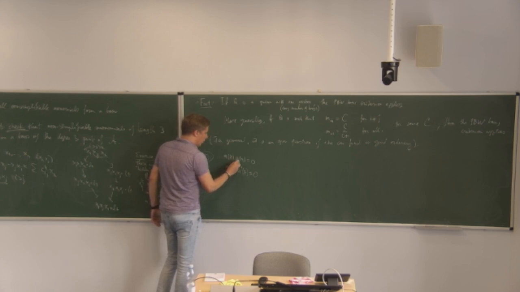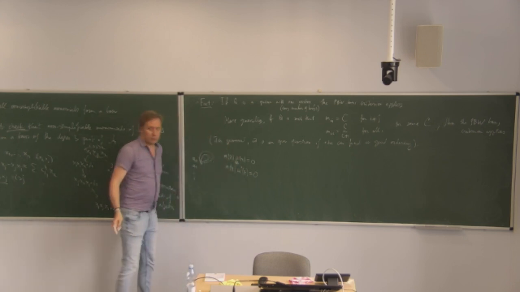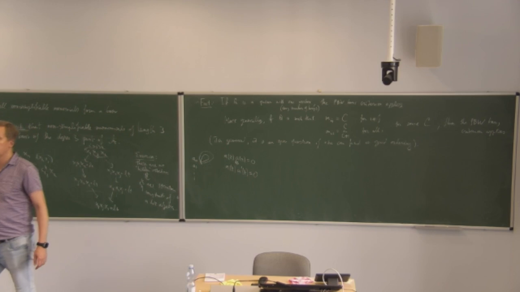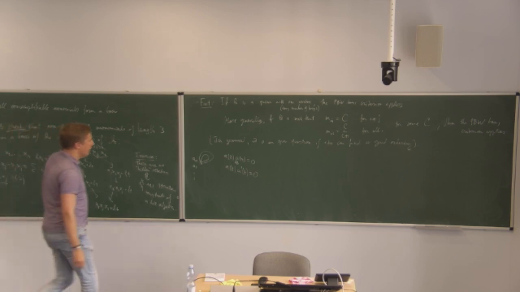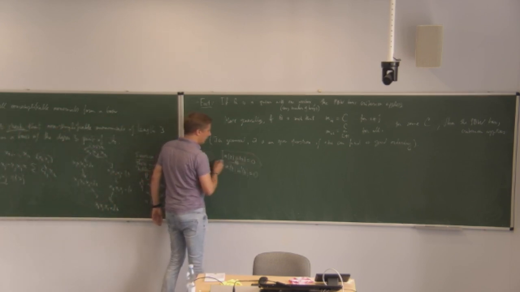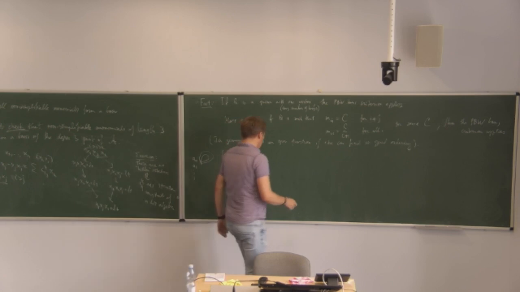But it so happens that the first relation implies the second if you just take the derivative. So you just have the relation A(z) squared equal to 0.